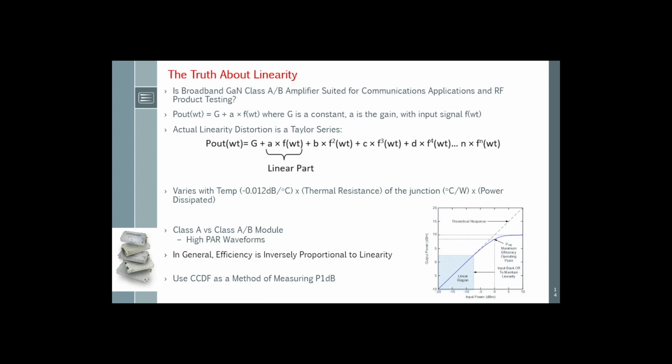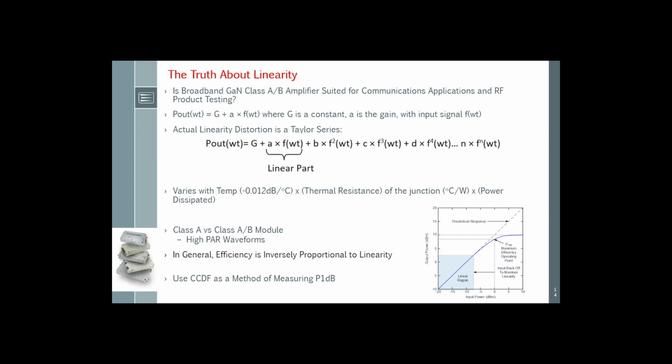There are very, very important things to consider, okay? Let's say that we decided that P1 dB is our measurement of linearity, together with intermodulation, IM3s, okay? So let's consider P1 dB first.